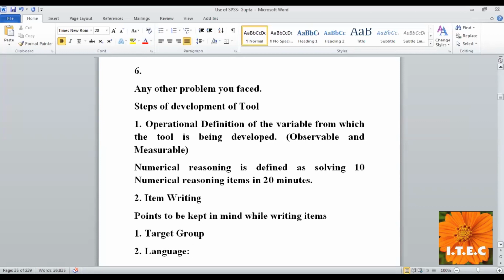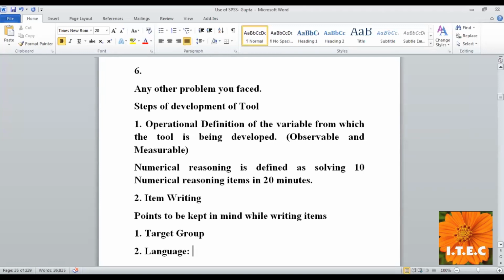The choice is yours. You might have seen in the UGC NET exam, the questions are both in English as well as Hindi. Some of the people who appear in the UGC NET exam know only English, and some might know English as well as Hindi. So you have to decide the language.